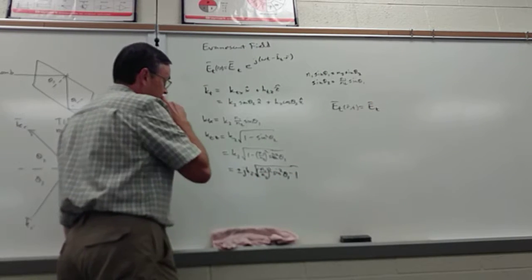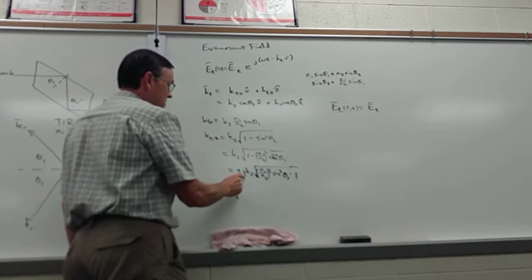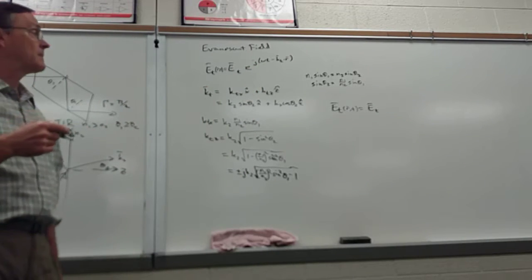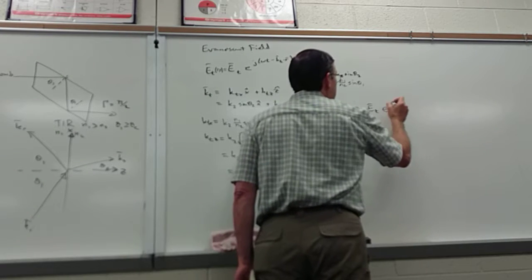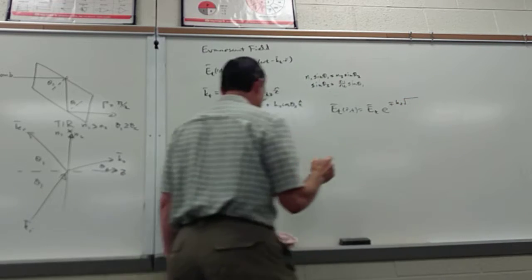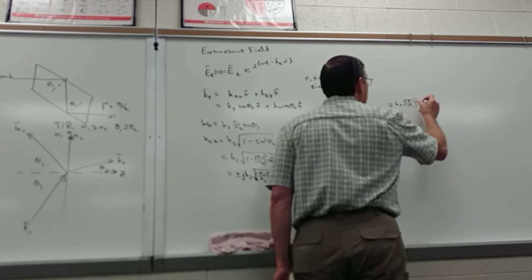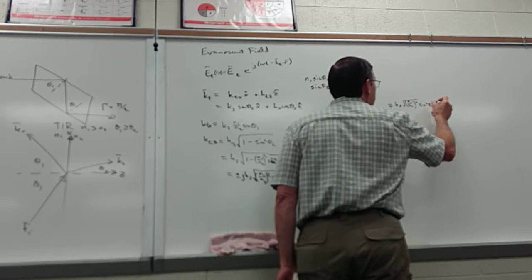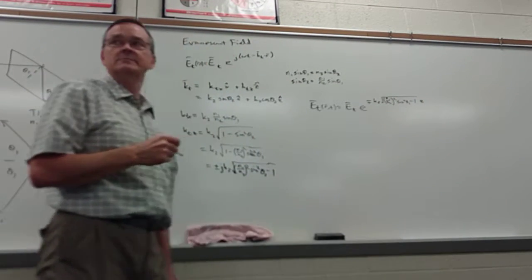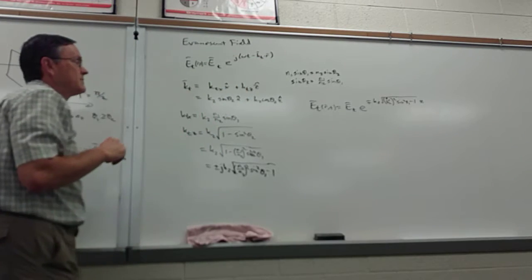And now this piece right here, I'm going to plug it in here and pull it out, because look, that j is going to be multiplying that j, that gives me minus 1. So this is going to be e to the minus or plus k2 times the square root of this thing, (n1 over n2) quantity squared, sine squared theta 1 minus 1, and all of that is times z. Right? Because we're dot producting there with the r.